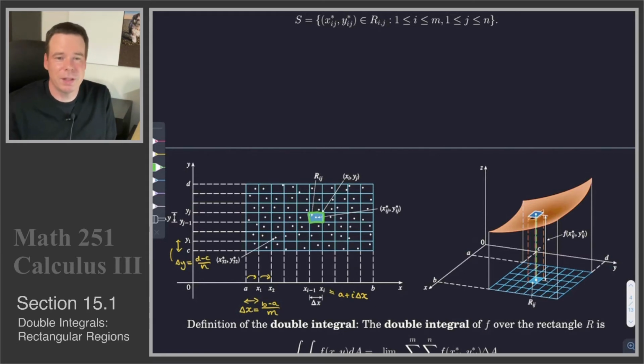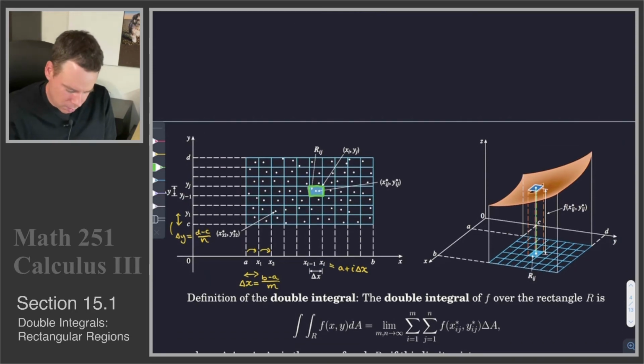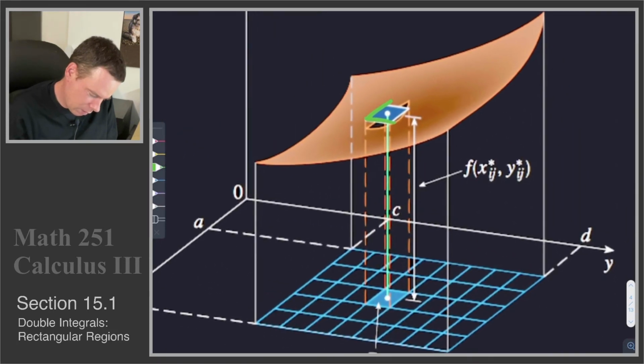What are we going to do with those sample points? Well, that's just where we're going to sample the function height and use that to cap off this rectangular box. So that's the picture on the right. I've got my Rij rectangle. I pick a sample point inside. I go up, sample my function there, and then once I've sampled my function, I use that as the cap. So I'll zoom in on it. I use this as the cap, so I level it off.